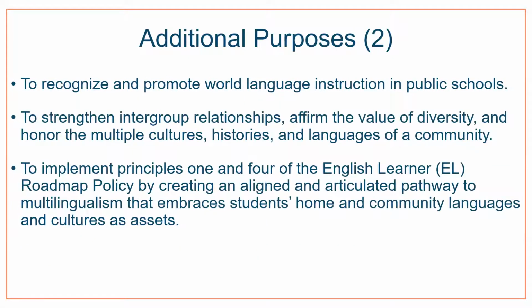Goals also include to recognize and promote world language instruction in public schools, to strengthen intergroup relationships, affirm the value of diversity, and honor the multiple cultures, histories, and languages of the community, and to implement Principle 1 and 4 of the English Learner or EL Roadmap policy by creating an aligned and articulated pathway to multilingualism that embraces students' home and community languages and cultures as assets.